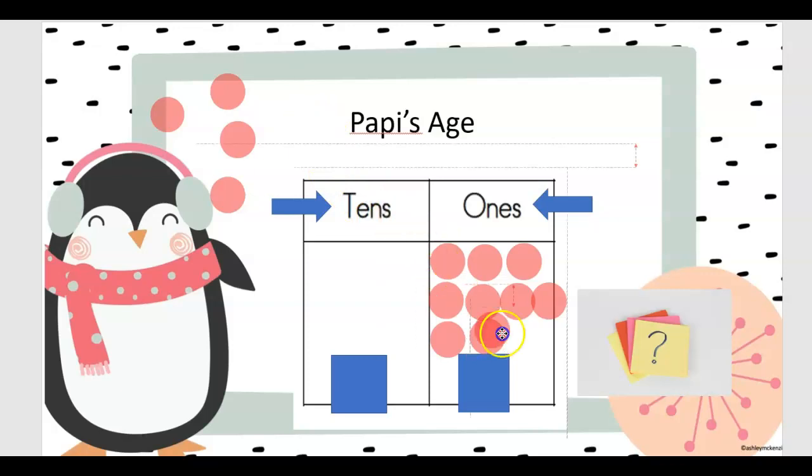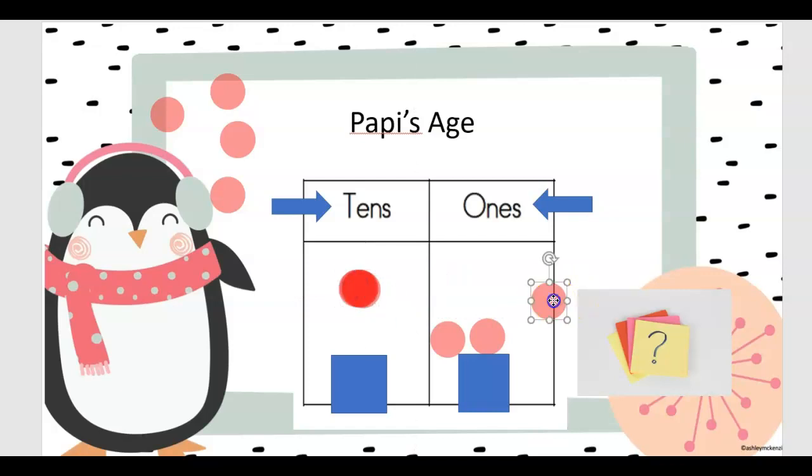We cannot move a 10 over here. When we get a 10, a group of 10, we need to move them to the tens side. So we're going to move them. That's 3, 4, 5, 6, 7, 8, 9, 10.